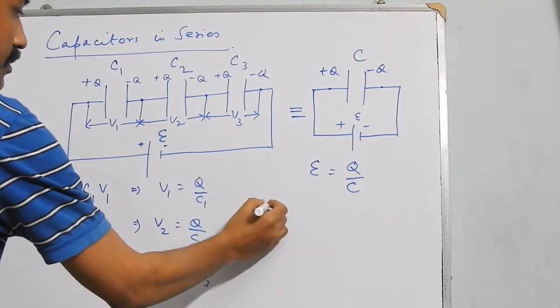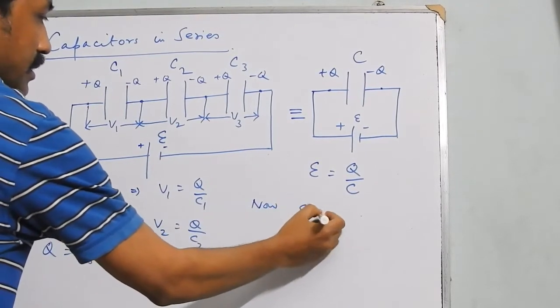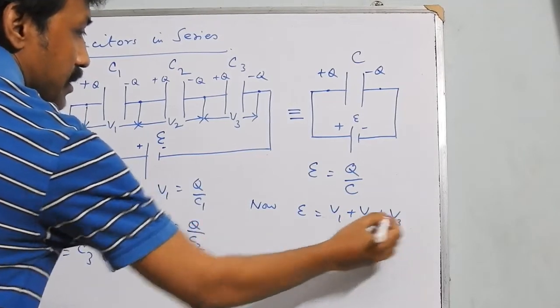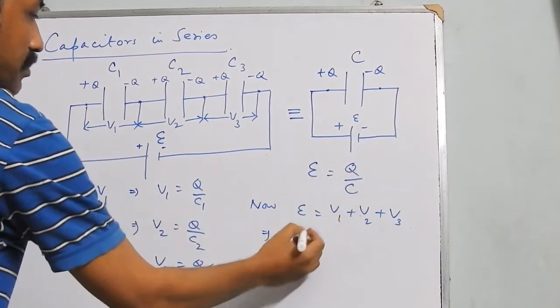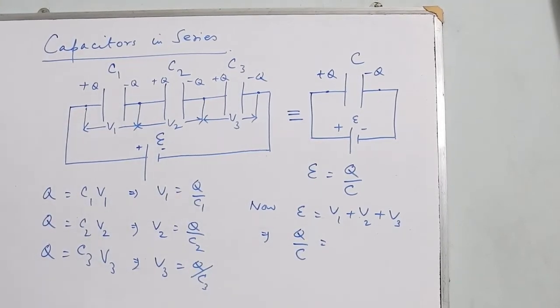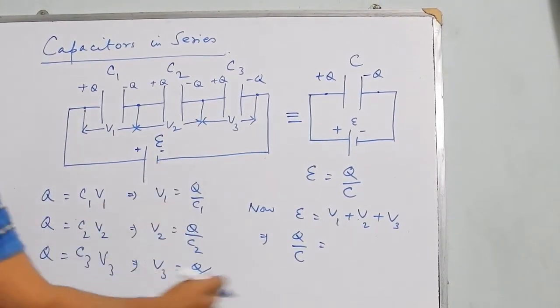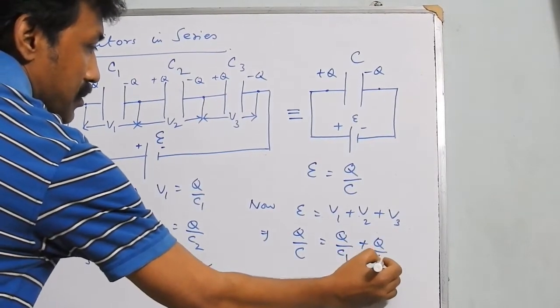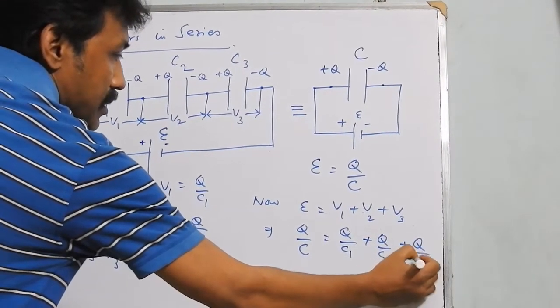So now E is equal to V1 plus V2 plus V3. So we substitute for V1, V2 and V3 as Q by C1 plus Q by C2 plus Q by C3.